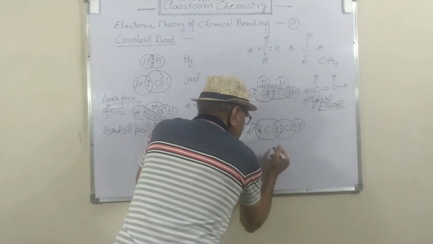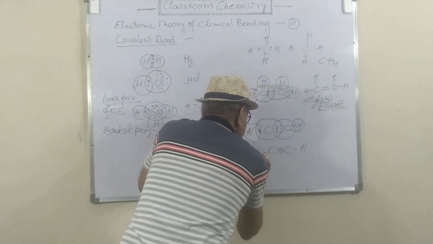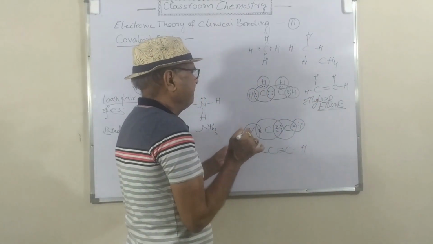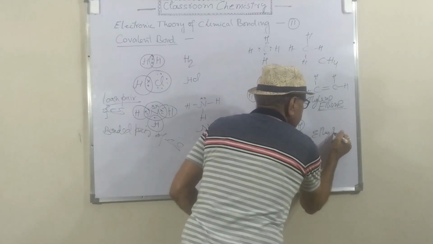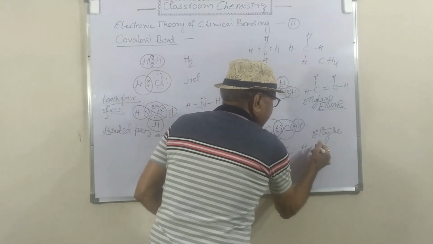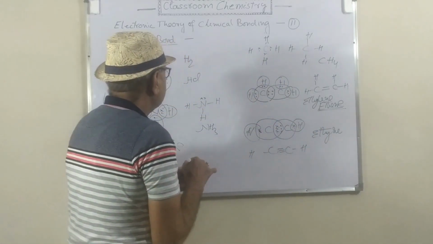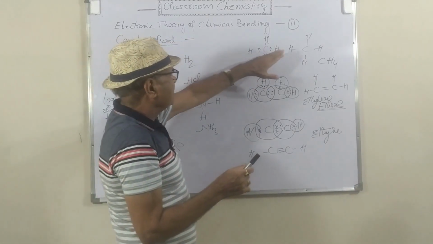So this is all about acetylene. This is the structure of acetylene, or you can say in IUPAC it is ethyne. These are some structures I have told you that show the bonds.